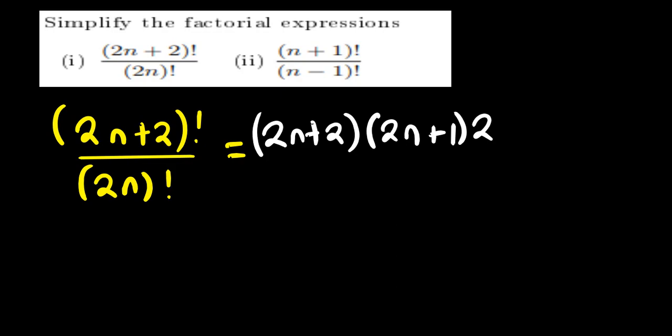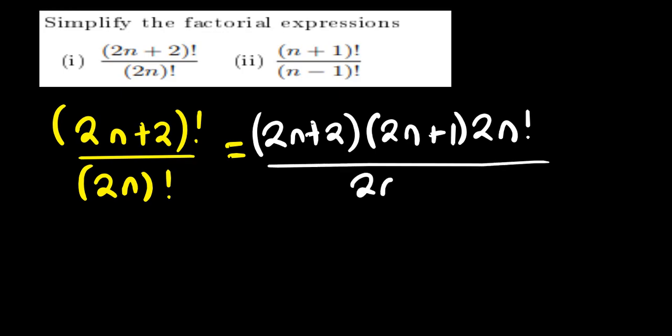Now, if I want, I can subtract another 1 from 2n and have 2n minus 1. But I'm not going to write it there because I've seen that there's a 2n minus 1 factorial down, so I'll end at a 2n minus 1 factorial over 2n factorial.